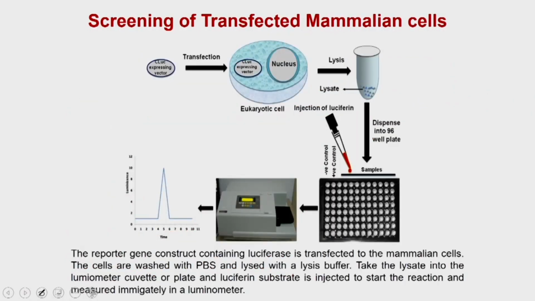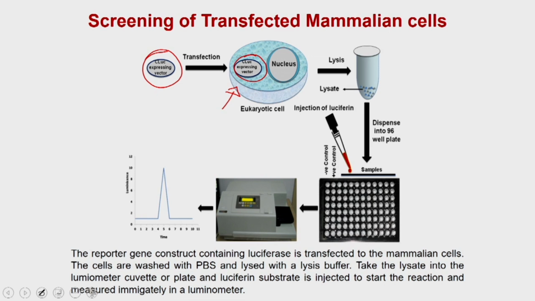These things are depicted here in a schematic diagram. You take the luciferase expressing vector and transfect it into the mammalian expression system, and it will express the luciferase. Once the stimulation is over, which means you can stimulate these cells, because the luciferase is under the control of the eukaryotic promoter, the luciferase will be produced inside the cell according to the level of stimulation.